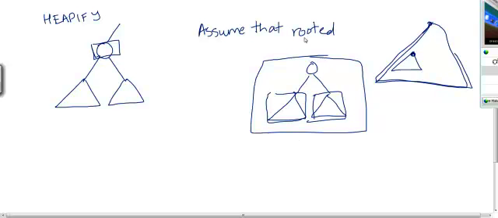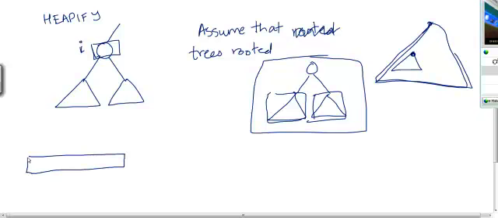So we are going to assume that the tree is rooted at a node I'm going to call I. So this is I in terms of the index of the array. So note that we're still looking at an implementation in an array. So we're looking at the ith element here in this heap.